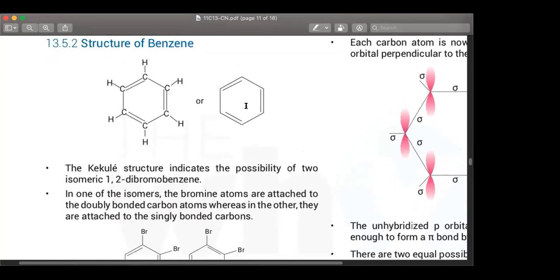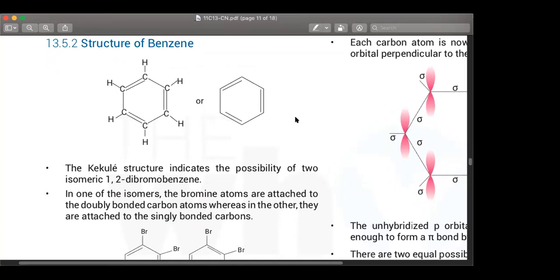All right. Now, even with Kekule's structure, delocalization or resonance structures were not known at that time. People didn't just randomly get the idea that something called resonance or delocalization of electrons was possible.